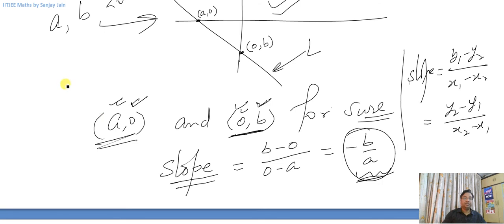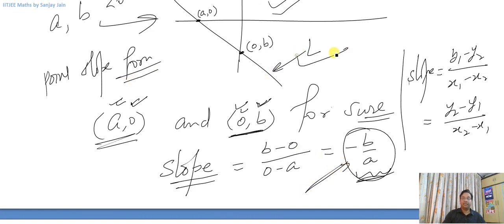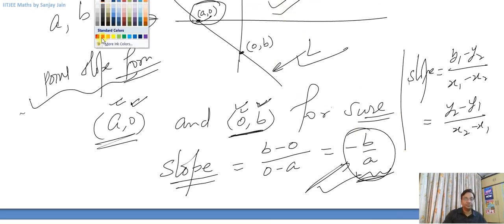So now I have got the slope of the line that I am looking for, right? And we have just learnt about point slope form. So I have got the slope of this line L, and let us take one of the points as a comma 0. So can I write the equation in point slope form by using these two pieces of information, that is this slope and this point? Yes. How? Point slope form: y minus y naught, let me write it here so that you do not get confused.